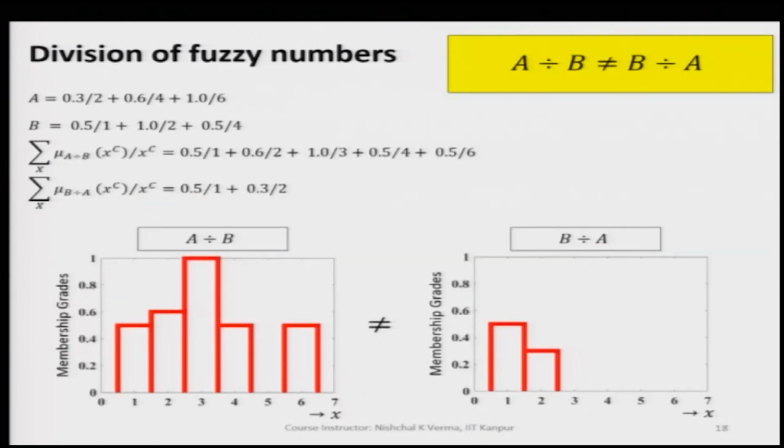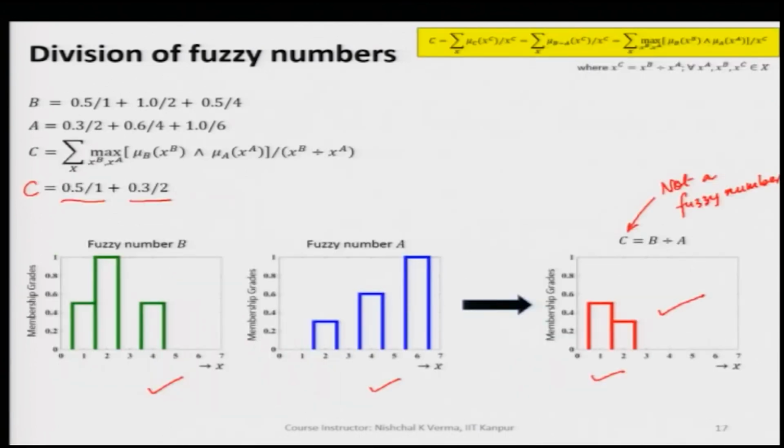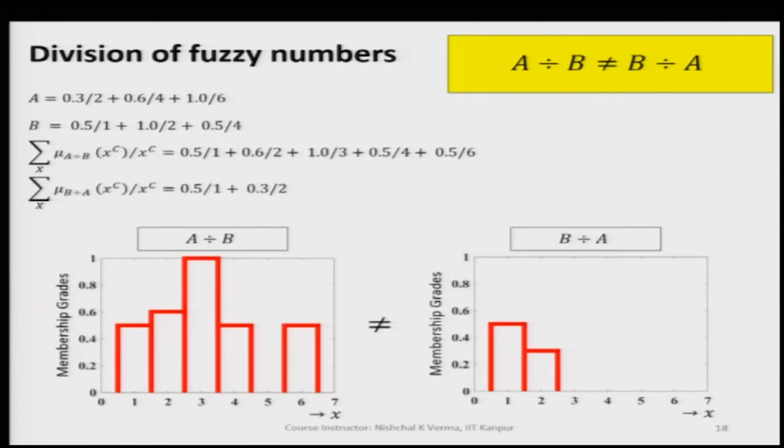So, this way we have been able to know that the fuzzy set C that we are going to get out of the division is not always a fuzzy number. And another point that I would like to make here is, if we recall what we have gotten when we divided fuzzy number A by fuzzy number B, we have got a fuzzy number C, which is shown here.